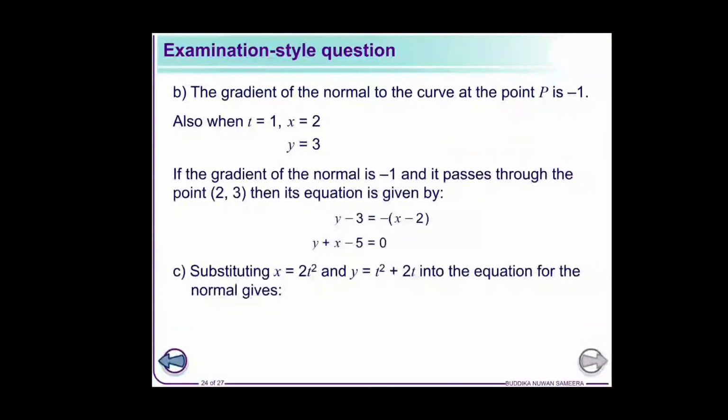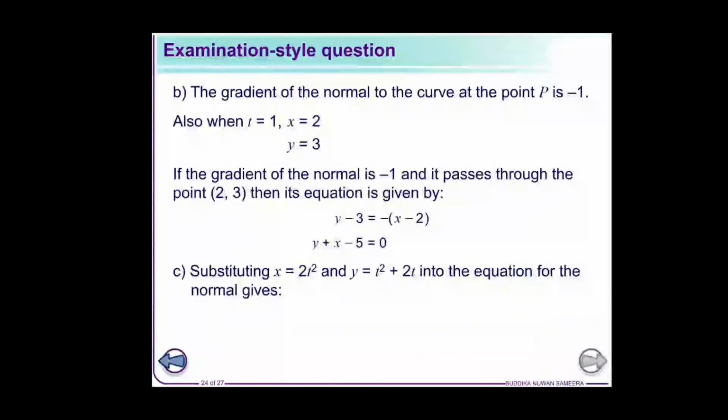C part, so I'm going to substitute x equals t squared and y equals t squared plus 2t into the equation of the normal. Why? Because we know that the normal meets the curve again, so the equation of the normal and the equation of the curve should both be satisfied.